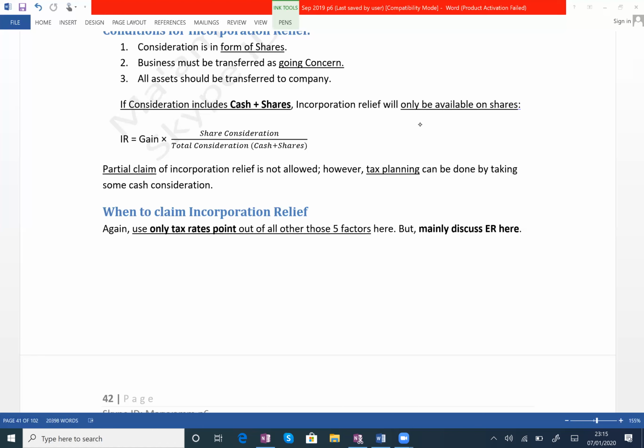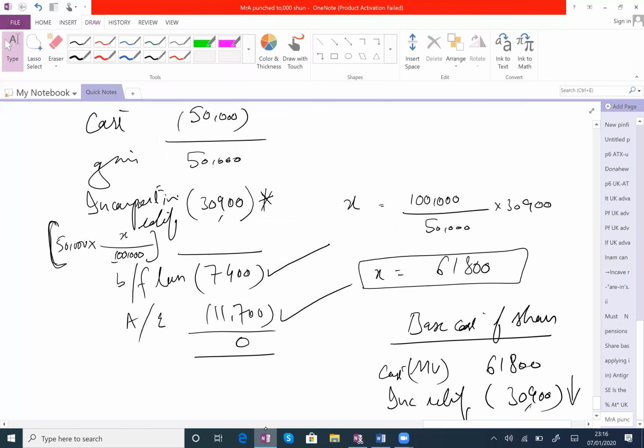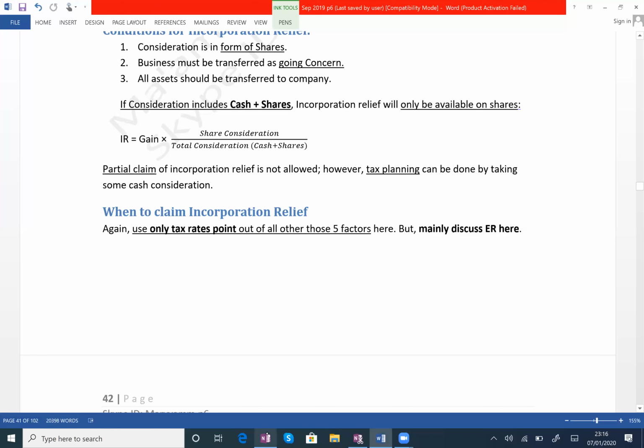The fourth planning factor before deferring the gain is you can check the future losses. If in future there are losses available, is deferring the gain suitable or not? Yes. If in future you have capital losses, then deferring the gain is suitable. Yes, you have to defer the gain and utilize the future losses.